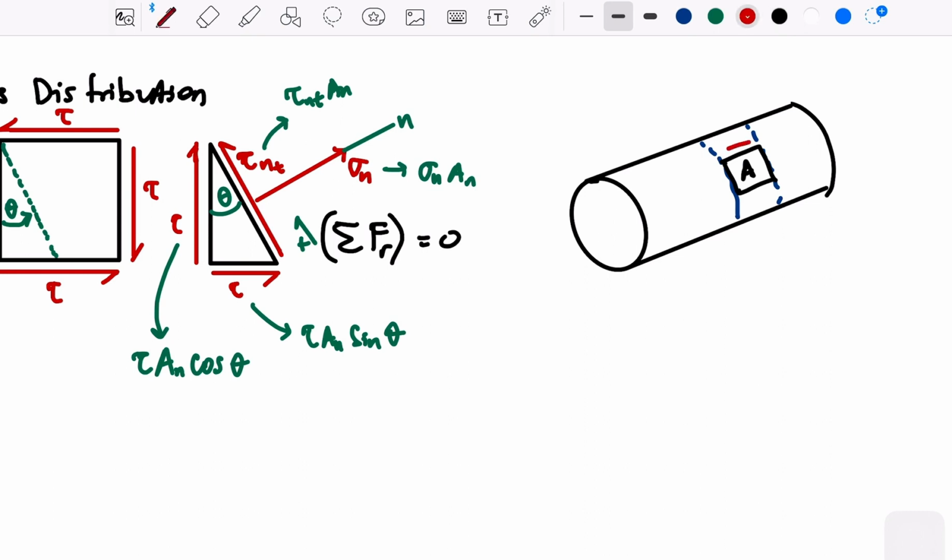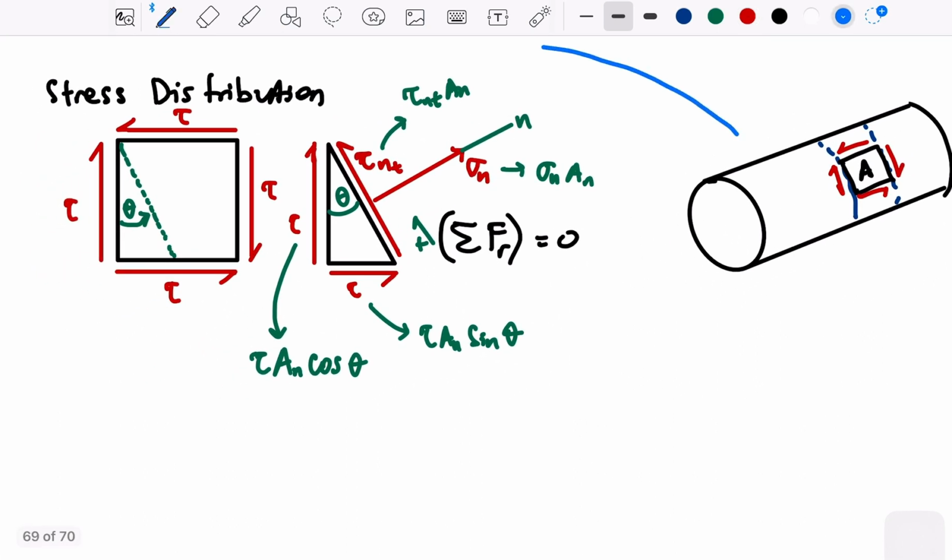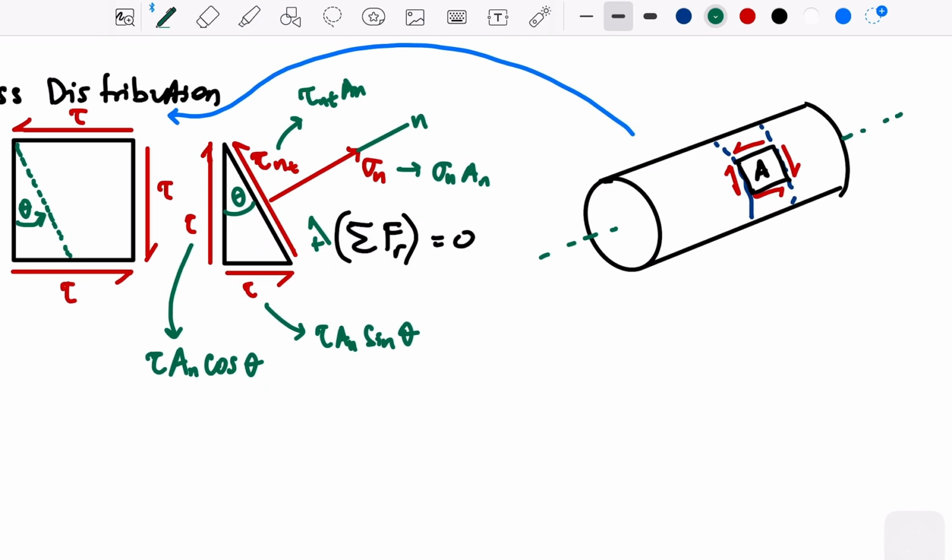And then this will be the tau. So that's how it goes. And then let's say this is the center, and we have the torsion going there, torsion going there. This is the x-axis.